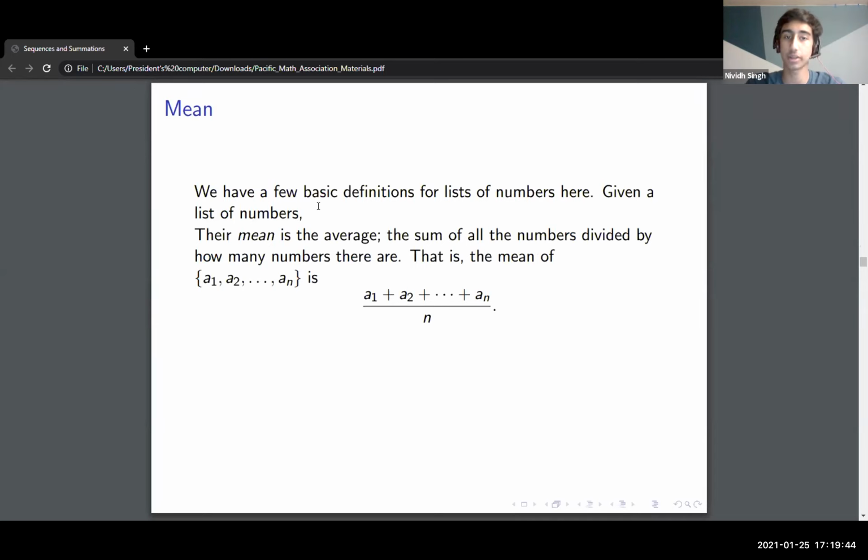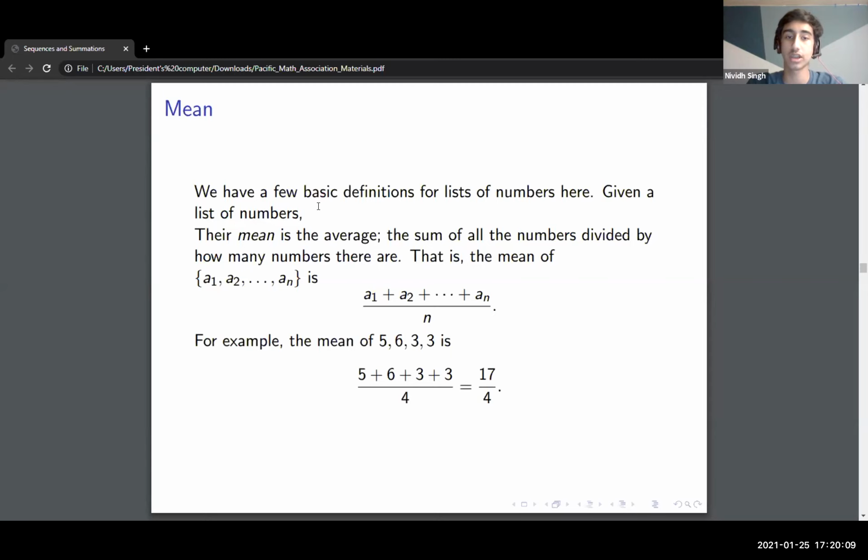So the general formula for the mean is if we have a bunch of numbers a1, a2, all the way to an, where n is the nth number in the set, then the mean is a1 plus a2 plus a3, all the way up to an, divided by n. So one example we have is, let's say we have the set of numbers 5, 6, 3, 3.